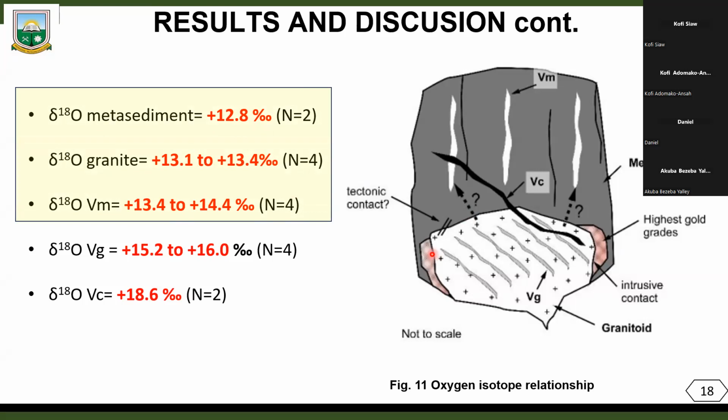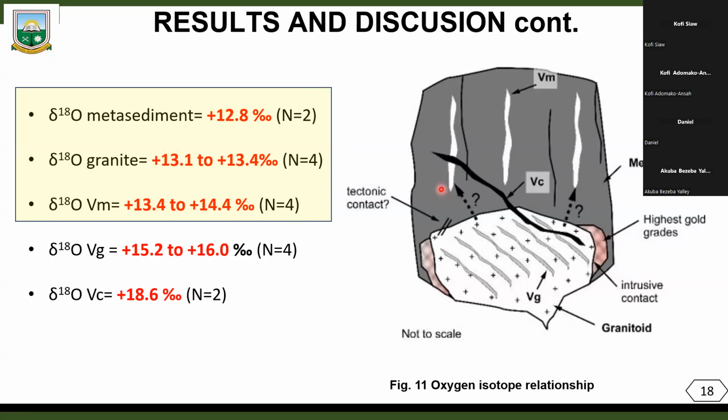And that is why this value has gone as low as 12.8 per mil. However, the others are within a range of 13.1 to 14.4. And so this means that the granite has a range that is similar to the VMs.